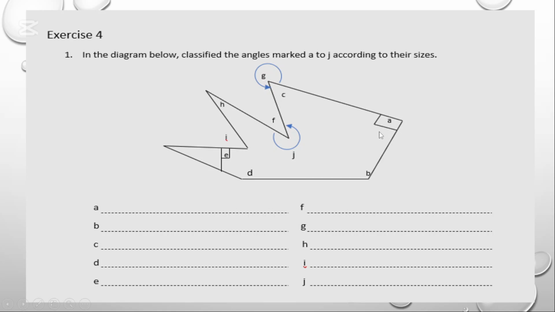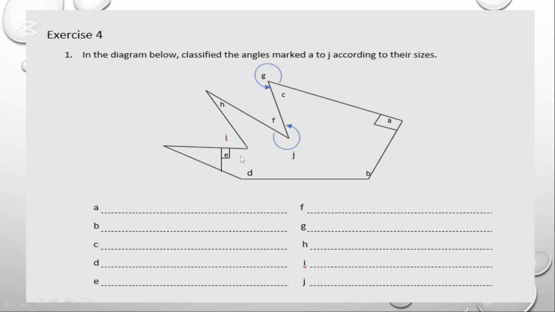What is A? Yes, a right angle. B, more than 90, obtuse angle. C, that will be an acute angle.